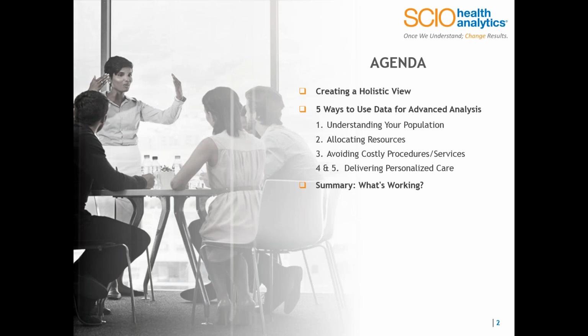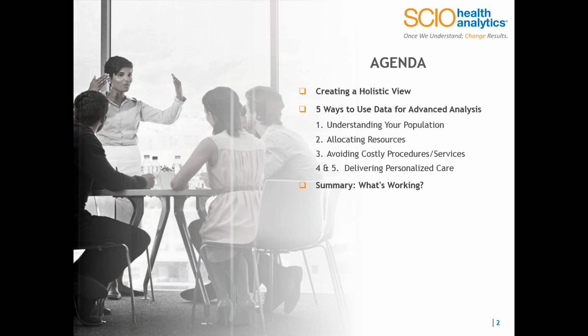So, we say 5 ways to use data for advanced analysis. We know that there's many more than 5 ways, so today we're going to be touching the surface of what some of those different ways are that we can use data in order to be able to apply advanced analytics across healthcare. And some of those ways are, 1, obviously understanding your population, 2, allocating the resources.